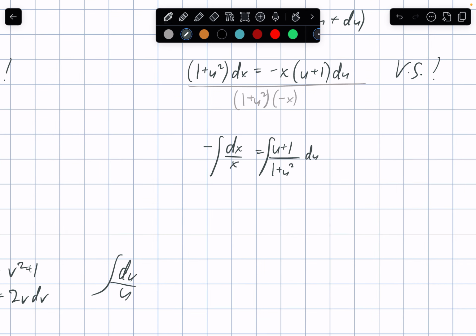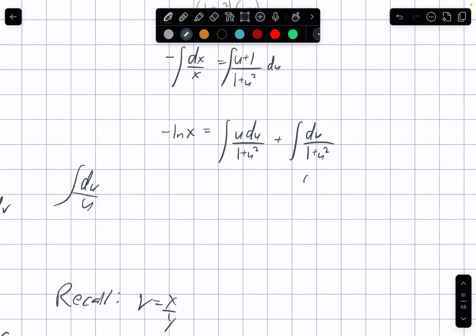Okay. A equal to 1, u equal to u. 1 over a arctangent u over a, plus c.